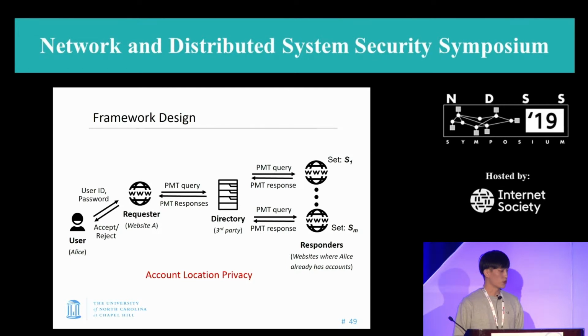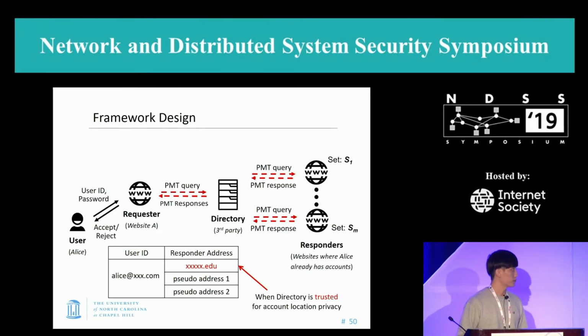Okay, to ensure account location privacy, we need to consider two cases: where a participating website chooses to trust the directory for account location privacy or not. First, if the directory is trusted for account location privacy, then this dashed line could be instantiated with normal communication channels, and the responder address stored at the directory could be normal URLs.